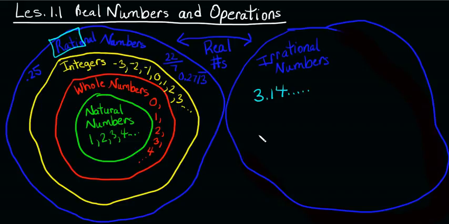Anytime you have the square root of a number that is not a perfect square, it is going to be an irrational number, because when you get this in the form of a decimal, there is no repeating and it just goes on and on. It doesn't stop like over here with 0.25. So hopefully this chart will help you understand the difference between the real numbers, between rational numbers and irrational numbers.